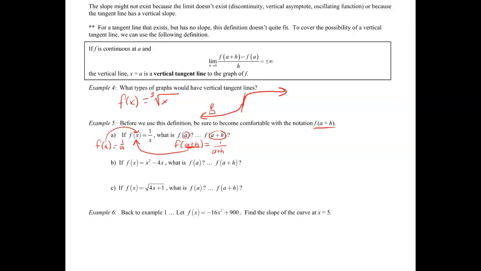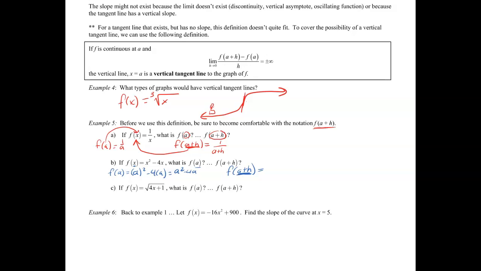On the second one, we've got the same type of deal. f of a again replaced my x, so anywhere that I see an x, I'm going to replace it with an a. So that's just a squared minus 4a. And then f of a plus h, even though it's an entire quantity, just replaces this tiny x.